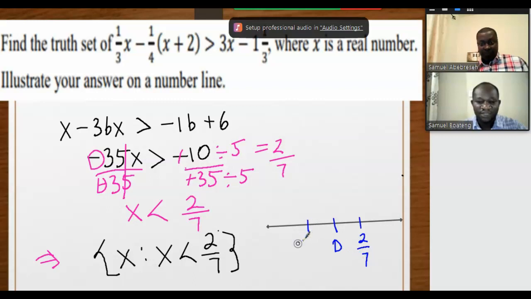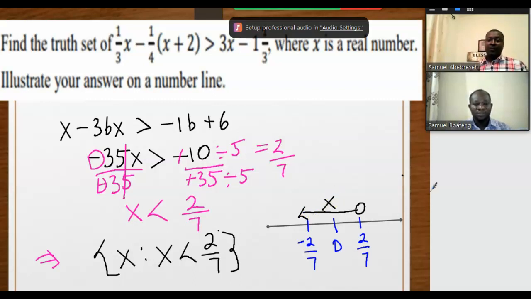Other part, minus 2 on 7. Then write your 0 here. Since it's less than, point to the left. No, you don't shade. Okay, to get your full marks.